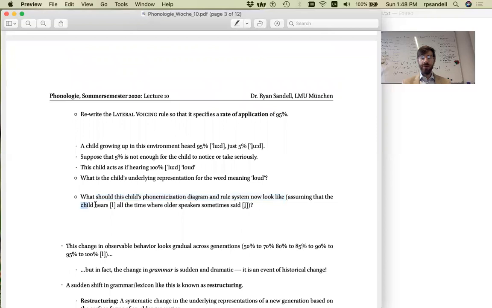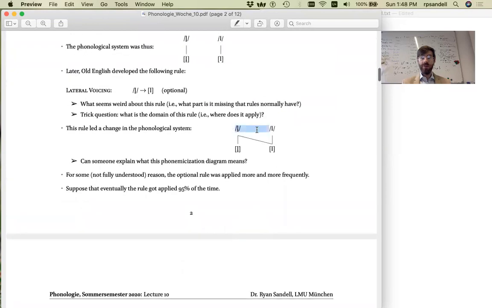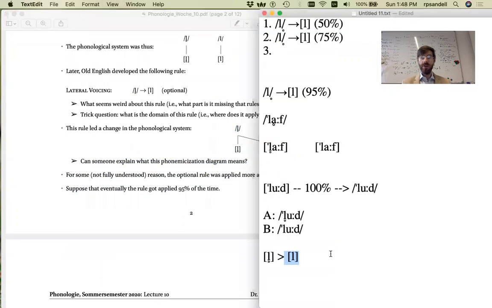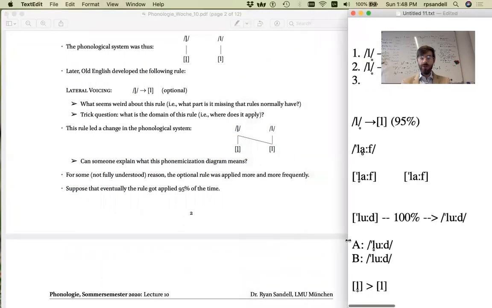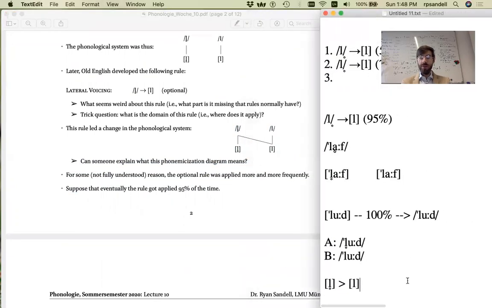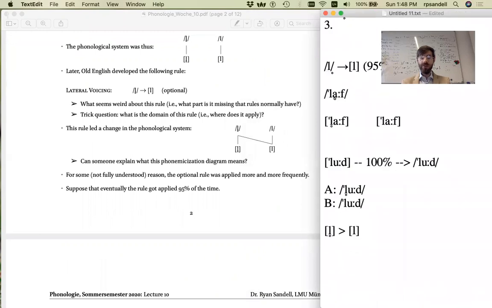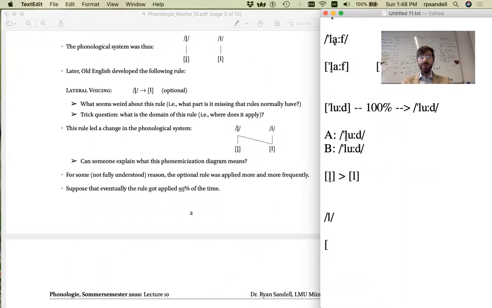Once the child thinks that it is hearing a voiced lateral approximant all the time, the voiceless lateral approximant phoneme is simply going to disappear from the language. So the phonemic inventory of English will be changed such that now there is simply a voiced lateral approximant, which is always realized as a voiced lateral approximant.